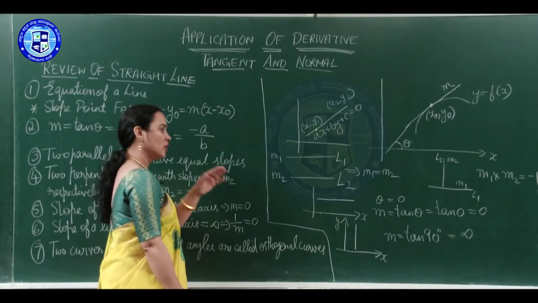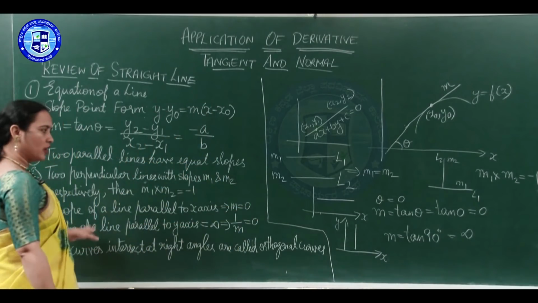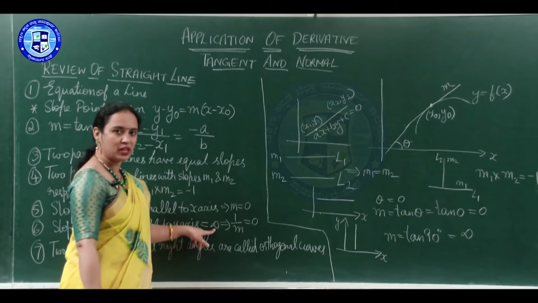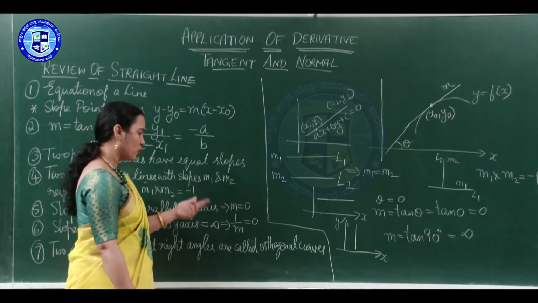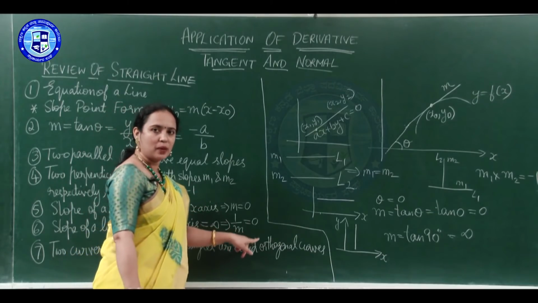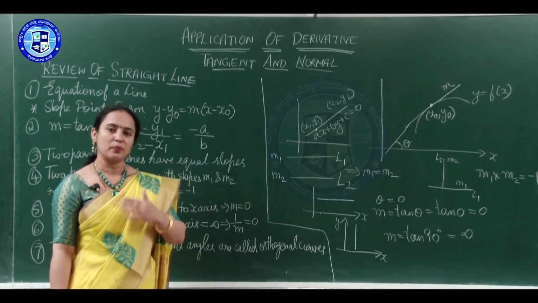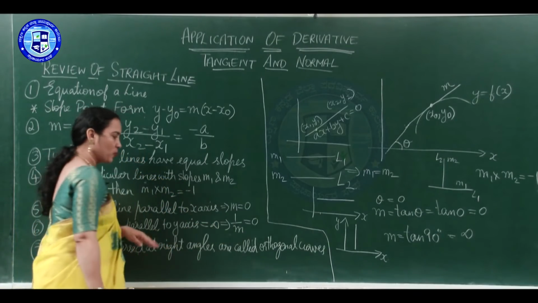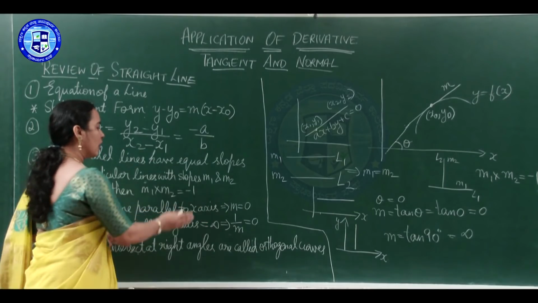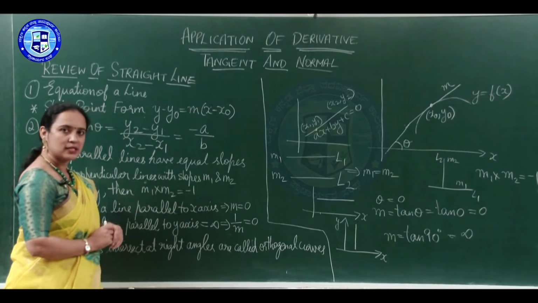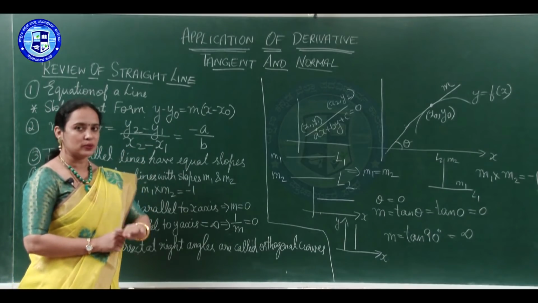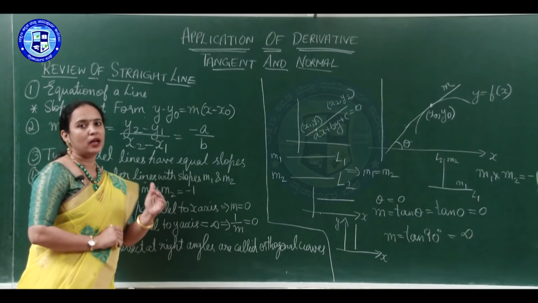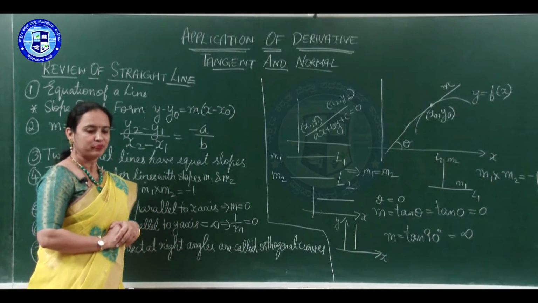So if the line is parallel to y axis, then the slope will be infinity, or the other way round we can say 1 by m is equal to 0, because 1 by infinity is 0. Let me make it very clear. If the line is parallel to x axis, then m is equal to 0. If a line is parallel to y axis, then 1 by m is equal to 0.